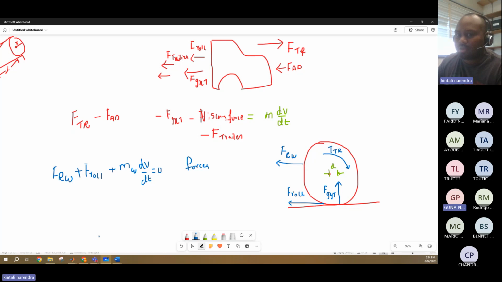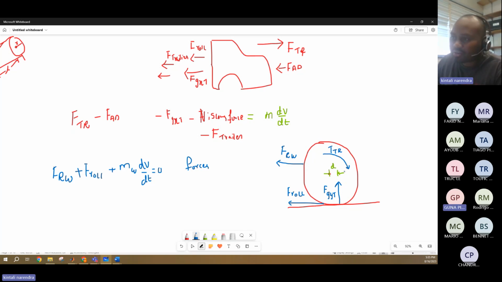Is it still positive or negative? It is still positive, because in that case there is a force acting upon the chassis, and because of that it is moving. But on a wheel, you're not acting a force, the torque is acting on the wheel. So I'm only considering the forces which are acting on the wheel.